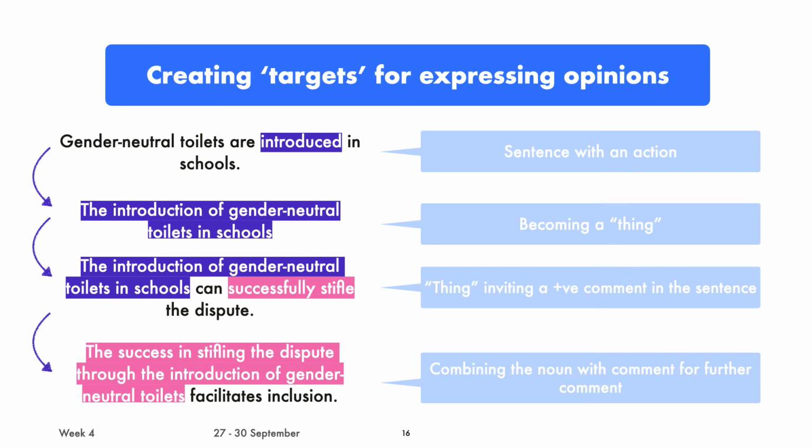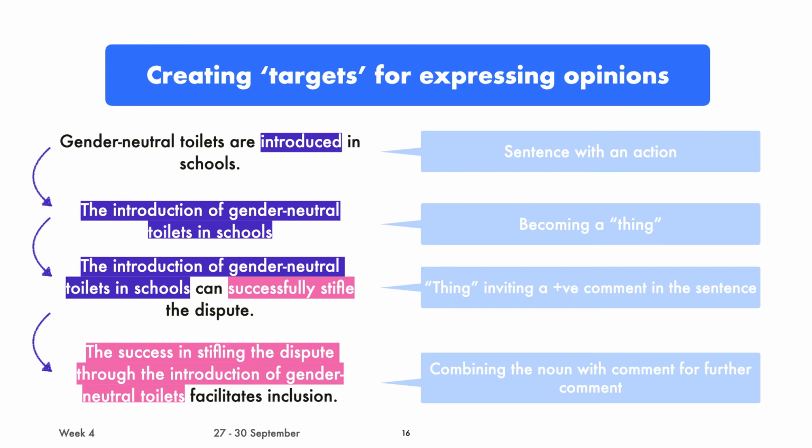Okay? And it more specifically talks about the topic and how this topic is dealt with. So in general, we have gender-neutral toilets, but then it's the introduction of it at school or in schools.